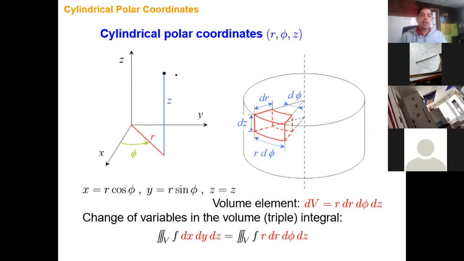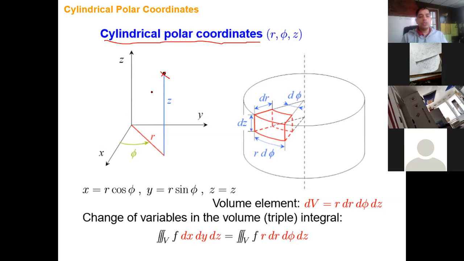Now, there are other kinds of coordinate systems as well. One of them is the cylindrical coordinate system. In that case, instead of denoting the point by X, Y, Z, we denote it by R, phi, and G. Suppose you have to figure out the location of this point. Let's do the phi first.